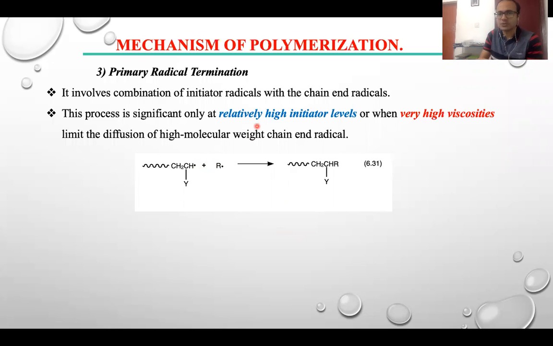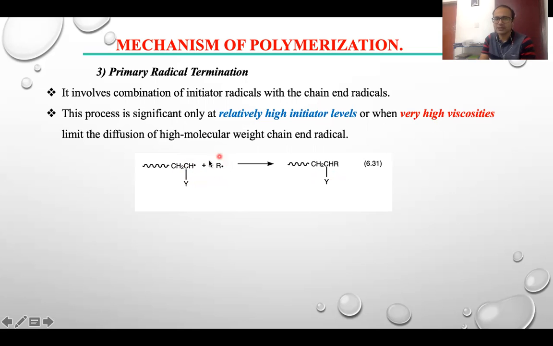That happens only when you have a higher initiator level and/or if your solution is highly viscous, because when your solution is highly viscous, these polymer chain end radicals cannot meet with each other, so combination won't happen. When you have a high initiator level, the growing chain radical would combine with the initiator radical, and then you have the chain being terminated.